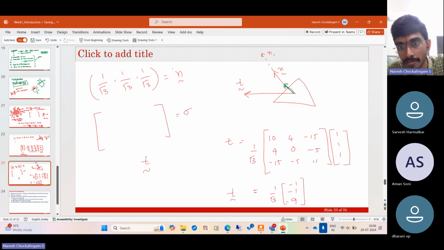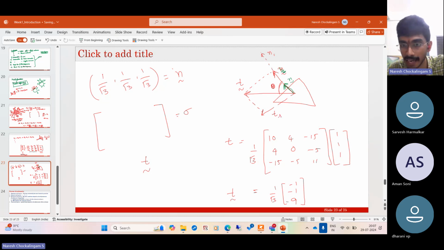It is 1 by root 3, 1 by root 3, 1 by root 3. If you project the traction onto this, say the included angle is some theta, this is the normal component, and this is the shear component. The normal is perpendicular to that plane, so the shear component has to be parallel to the plane. So this is the shear component, and this is the normal component for this traction vector.